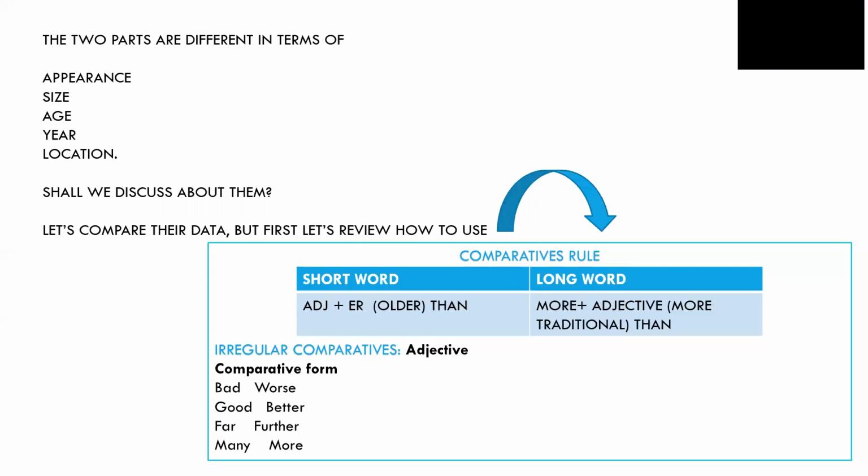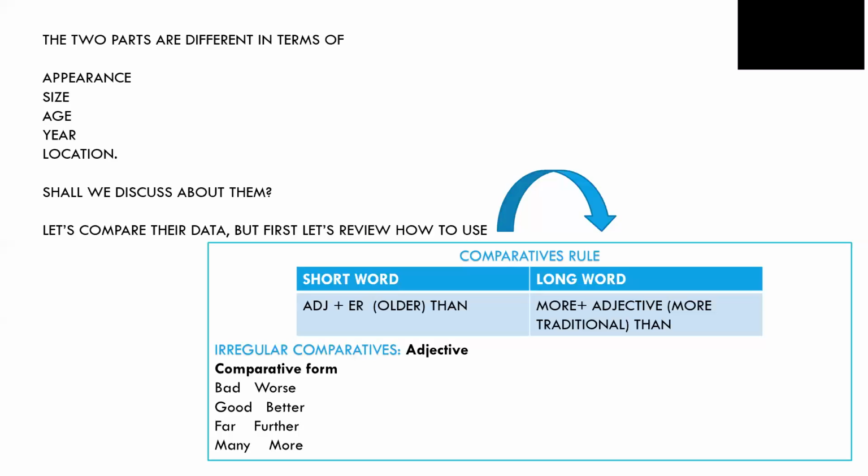The slums look older than the residences. Okay? The long word grammar rule is even easier. More plus adjective than. Example for you. The slums look more traditional than the residences. It seems easy, doesn't it?